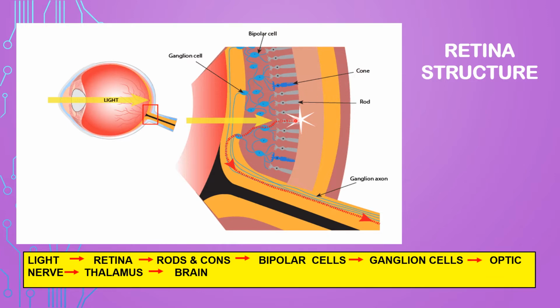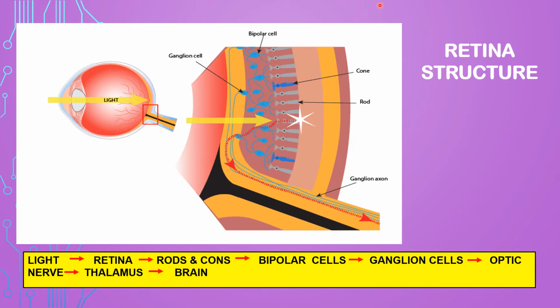So when the light falls on the retina, it activates the rod and cone cells, and then this activation is spread to the bipolar cell. So this gets activated and then the ganglion cells. These ganglion cells, when activated, gather together and converge, and together they form a rope-like structure, and it is known as the optic nerve.